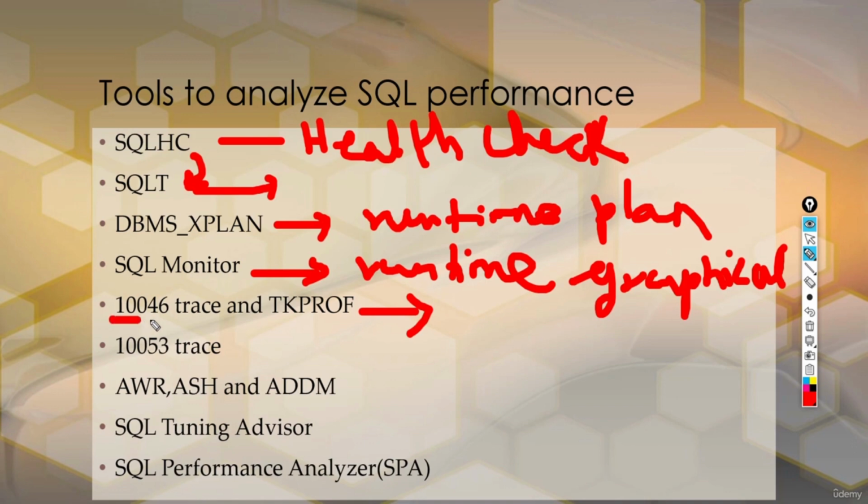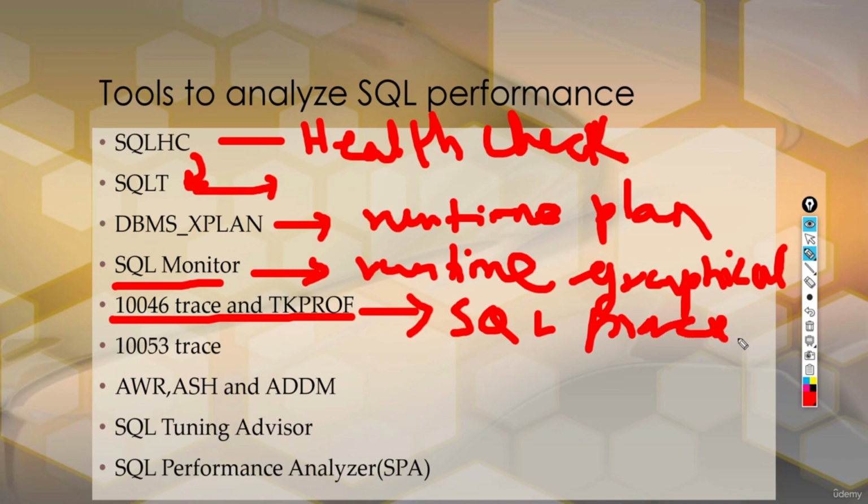10046 trace and TKPROF. These two utilities are very important for analyzing SQL performance in terms of time. The 10046 trace divides the SQL processing into each and every phase.